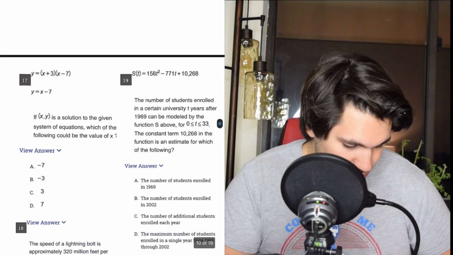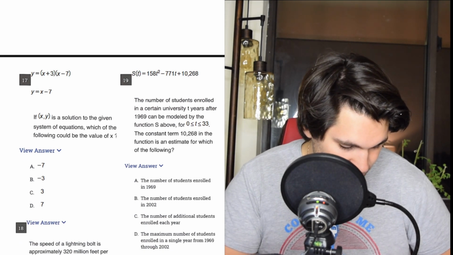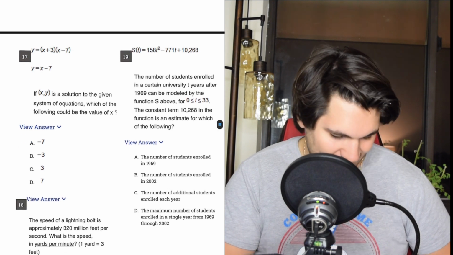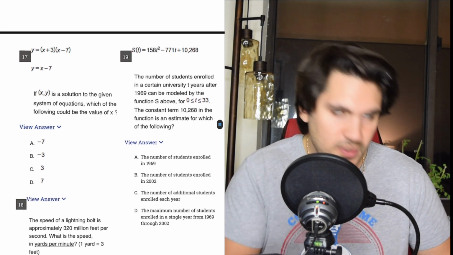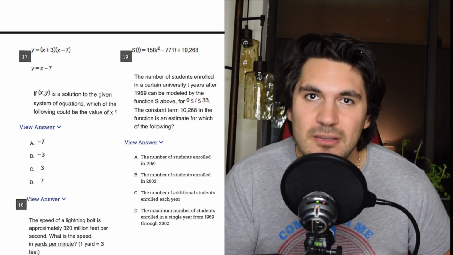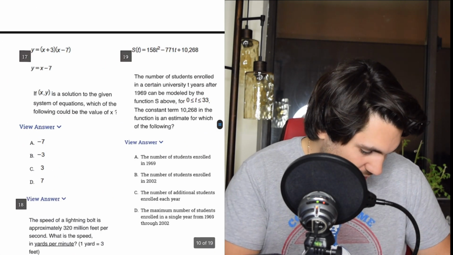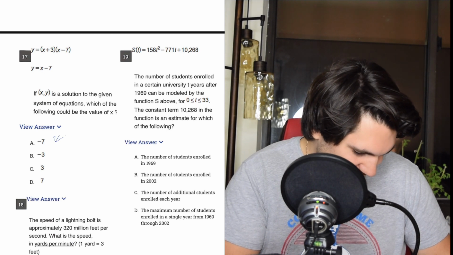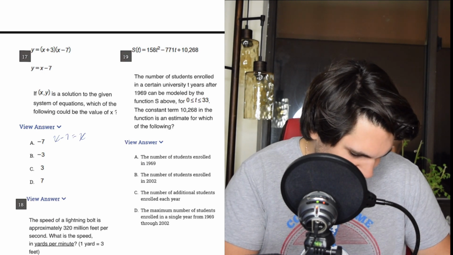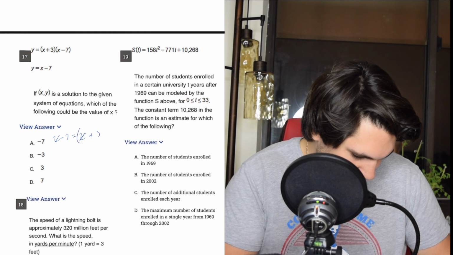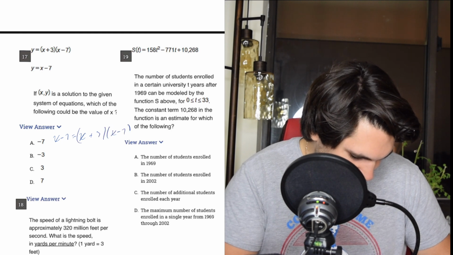Which of the following XY is a solution to this? Which of the following could be a value of X? So let's see what we got. They're both equal to Y, so let's set them equal to each other. So X minus 7 is going to be equal to X plus 3 times X minus 7. Cool.